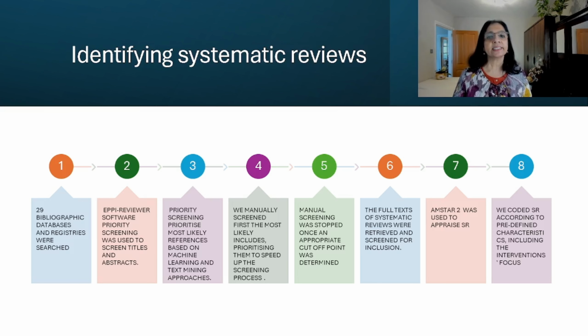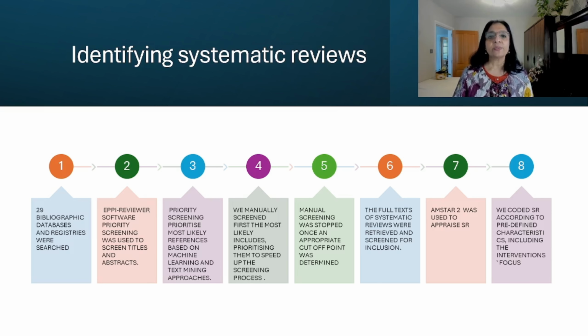Now we look at how we identified systematic reviews. We used the traditional systematic review methodology. 29 bibliographic databases and registries were identified and searched, and we used Eppi-Reviewer software with priority screening. That helped us speed up the title and abstract screening process. As you know, priority screening is based on text mining and machine learning approaches.